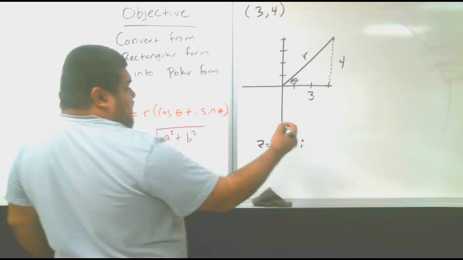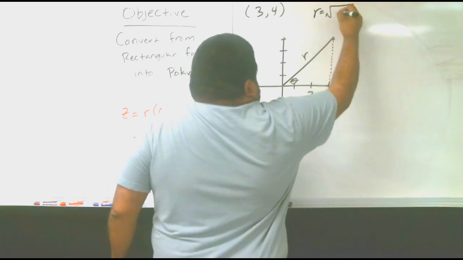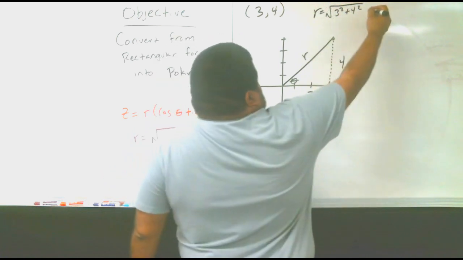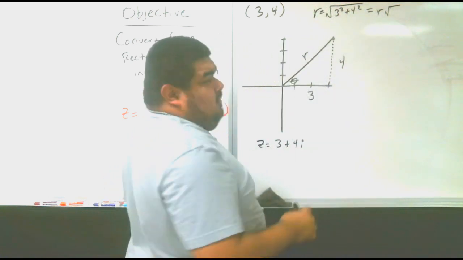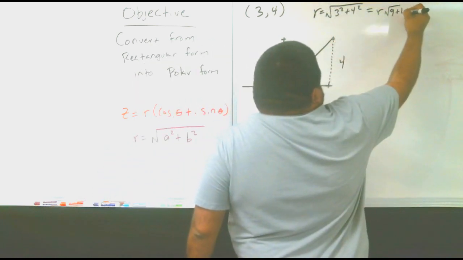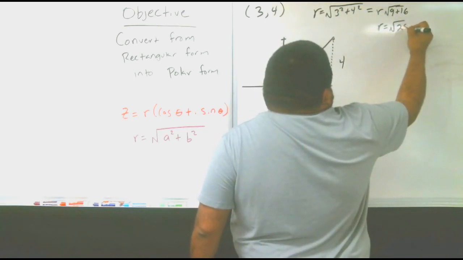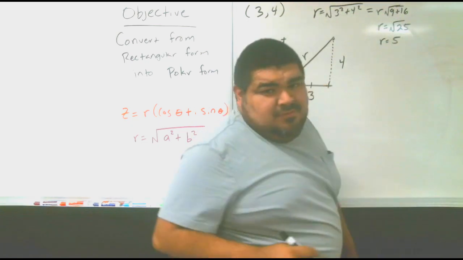So r equals the radical of 3 squared plus 4 squared, which is the radical of 9 plus 16. So r equals the radical of 25, which is 5.